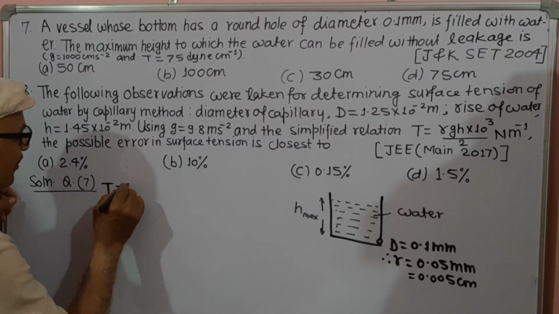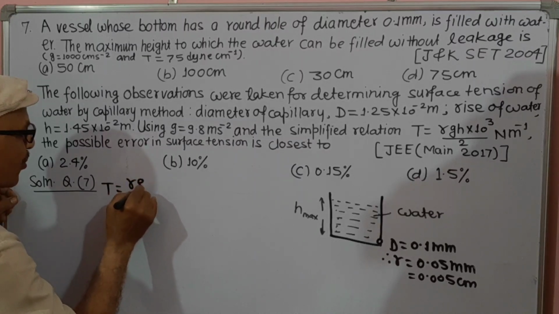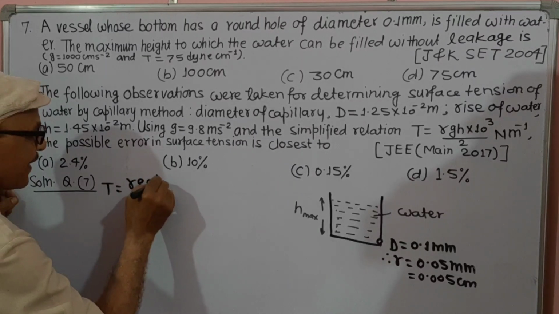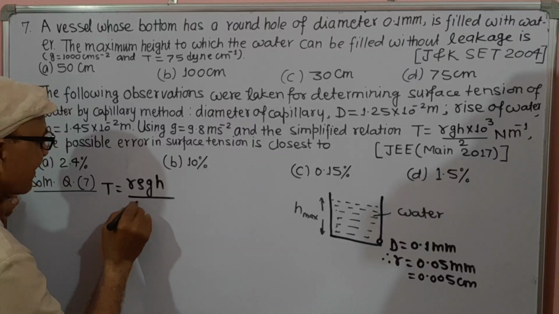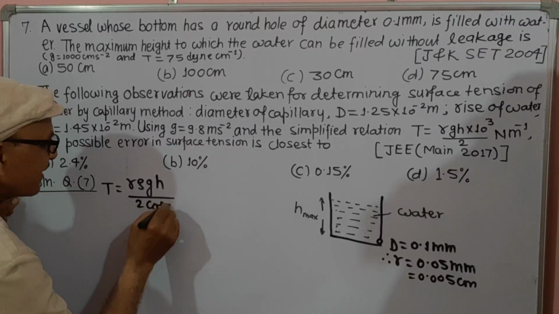Now, T is equal to R rho G H upon 2 cos theta.